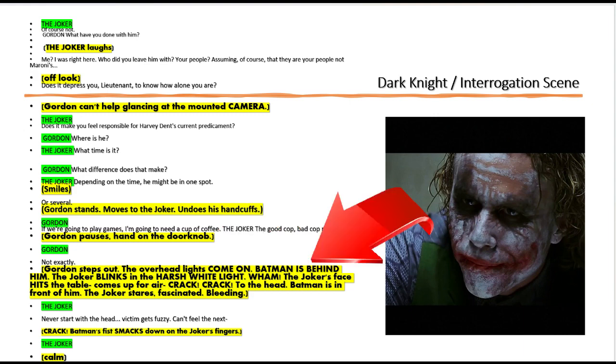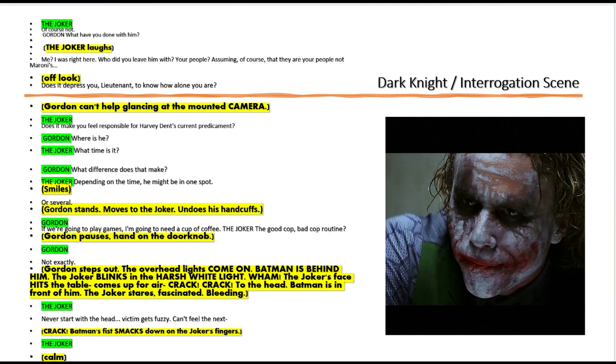Gordon steps out. Batman is behind the Joker. The Joker blinks in the harsh white light. The Joker's face hits the table, comes up for air, crack to the head. Batman is in front of him. The Joker stares, fascinated, bleeding. Batman's fist smacks down on the Joker's fingers.